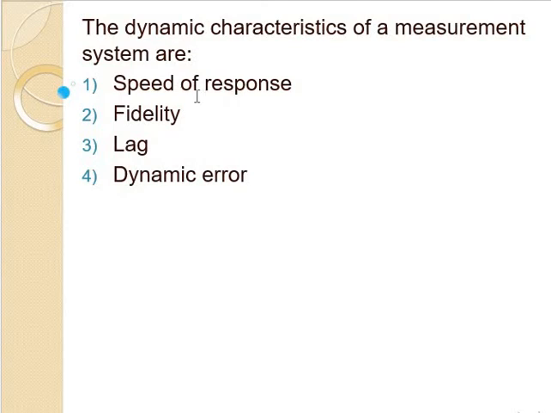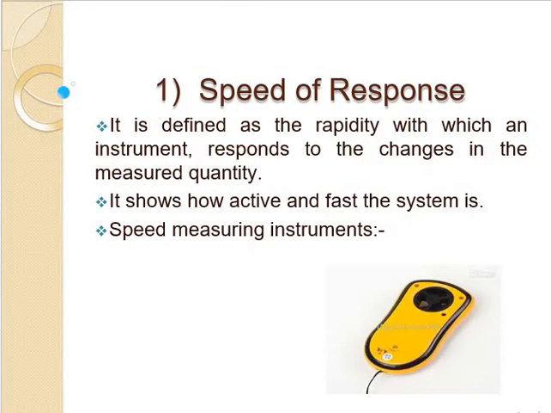The dynamic characteristics of a measurement system are speed of response, fidelity, lag, and dynamic error. We will discuss speed of response first. Speed of response is defined as how an instrument responds to changes in the measured quantity.